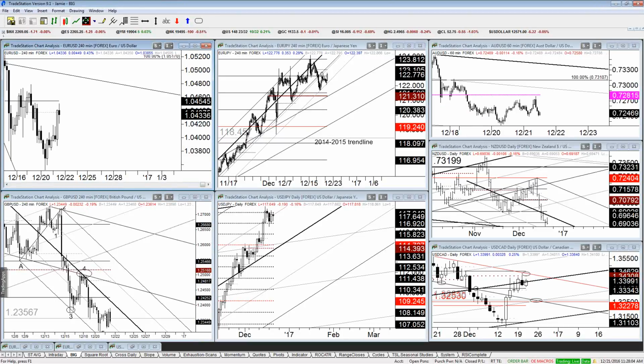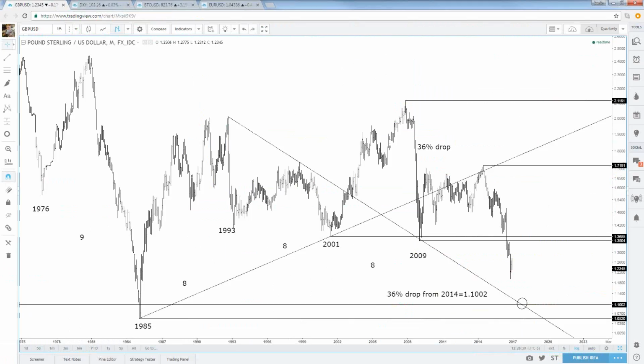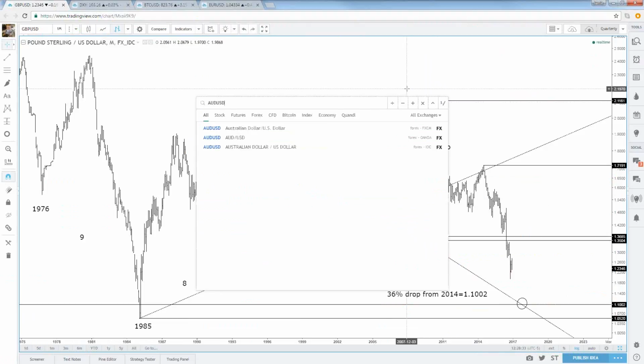All right. How about Ozzy? Ozzy is one that I think could really be a super trade of 2017. So let's see here, one sec. Aussie dollar, go to the long-term piece. All right, Aussie dollar.